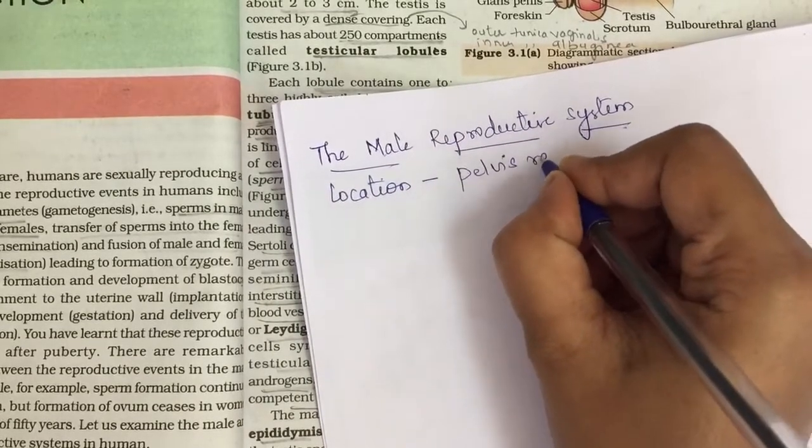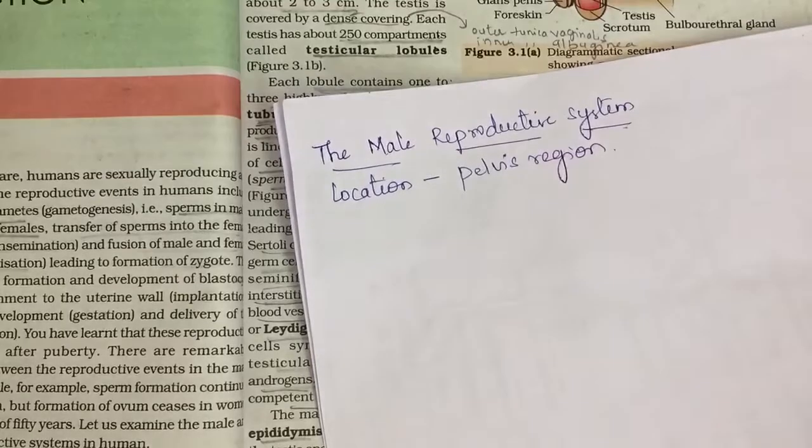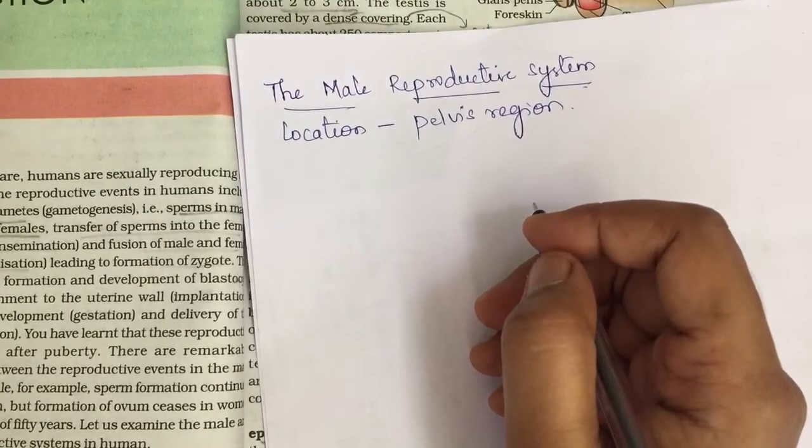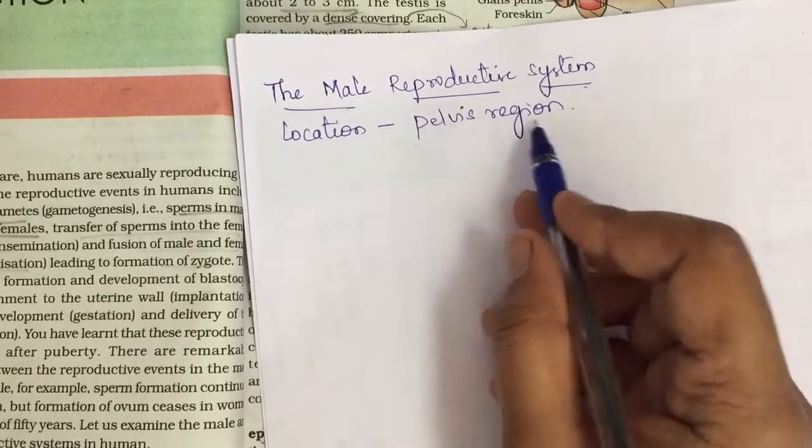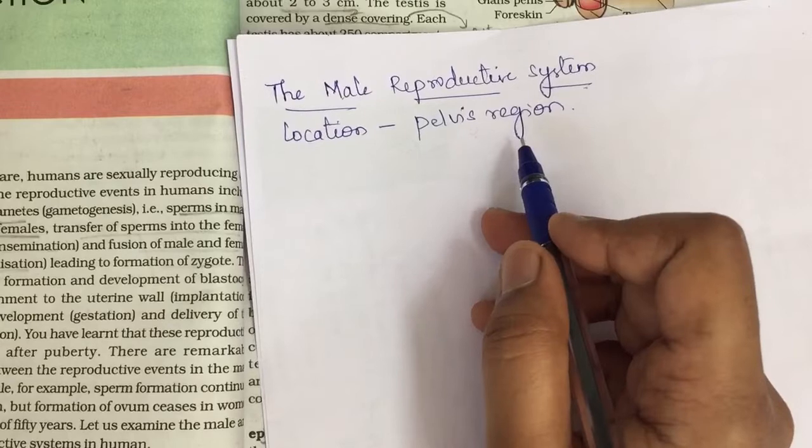Where is this pelvis region present? It is present between the joints of the hind limbs, where the hind limbs are attached to the pelvic bone. That region we call the pelvis region, and in this region the male reproductive system is present.